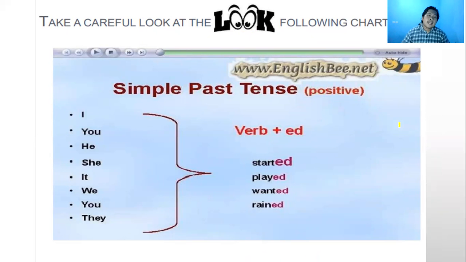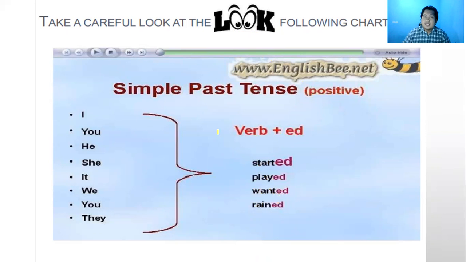So take a careful look at the following. We have here the subjects: I, you, he, she, it, we, you, they. These are the subjects of the sentence. And here are the verbs: verb plus ed at the end. Started, played, wanted, rained.